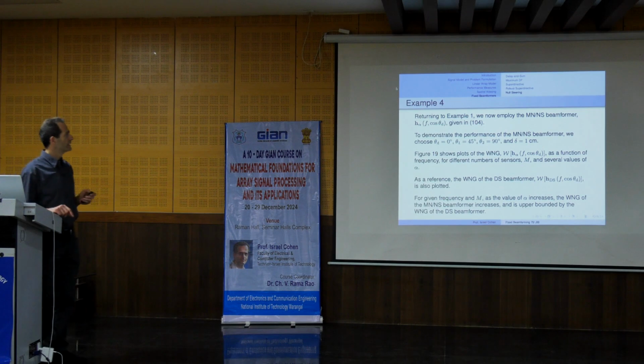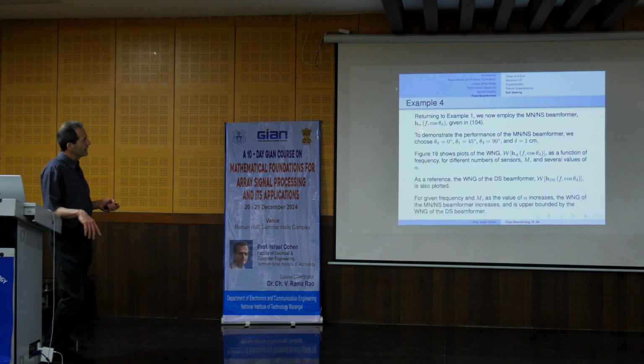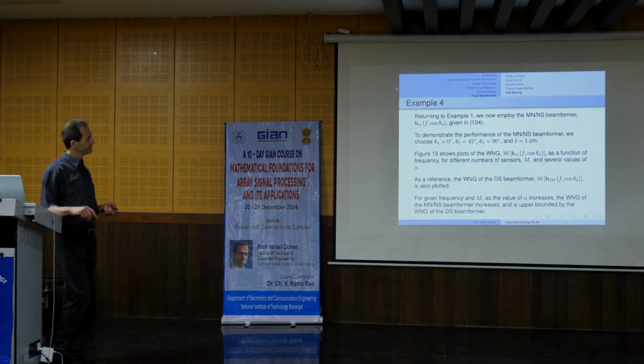Example. Suppose that we want to employ the minimum norm null steering beamformer, where we take a parameter alpha, just like here, so we have both of them as special cases. If alpha equals 1, we have the minimum norm. If alpha is 0, we take the null steering. Okay?